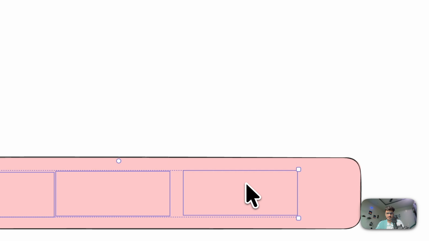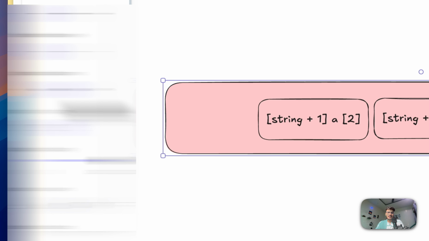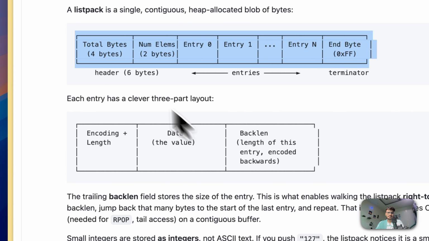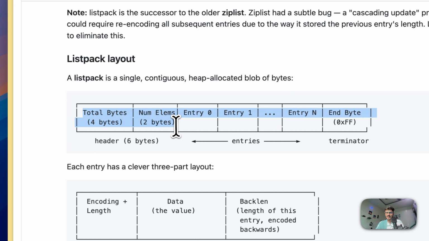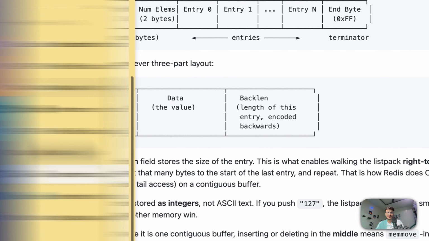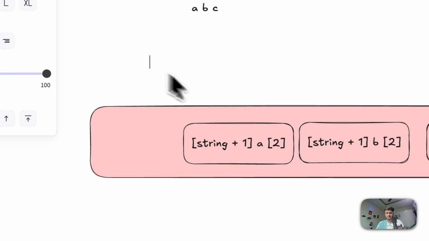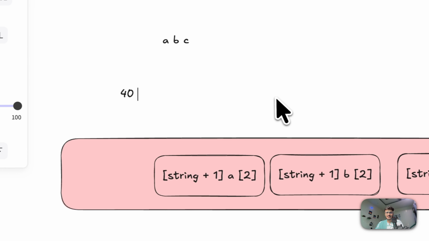And here in the beginning you have some other metadata as well, like how many total bytes were given to this in the memory, how many elements you have, right? So let's say total bytes are, I don't know, maybe 40, and total elements you have 3.